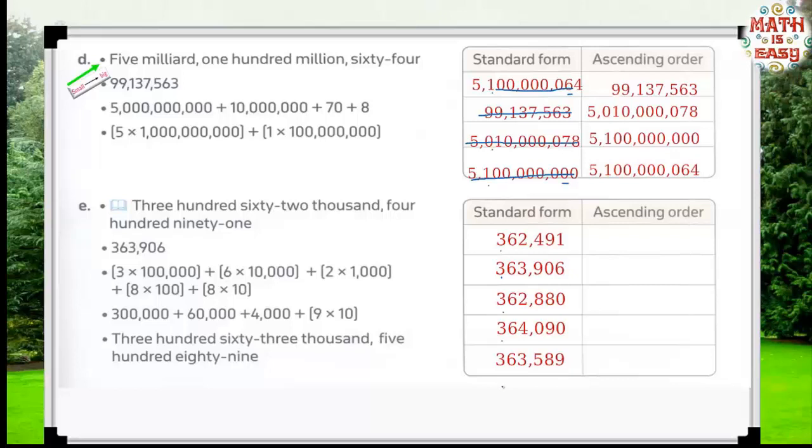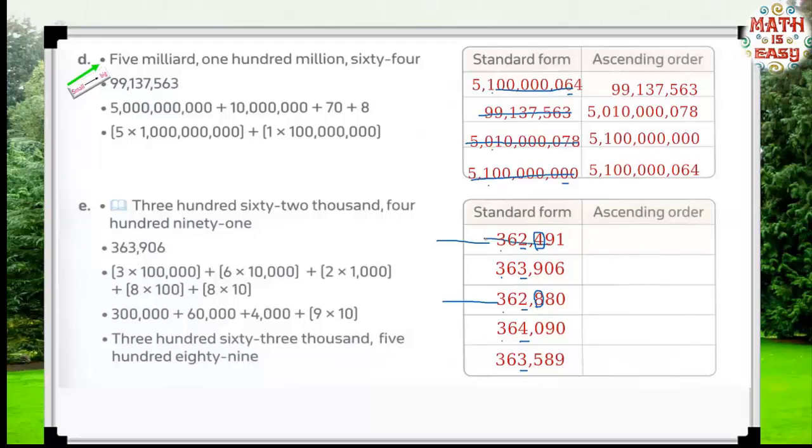All first digits are 3, and all digits are 3 in the 10,000 place. We have here 2, 3, 2, 4, 3. It means you should compare between 2 numbers now. We have here 4, and here we have 8. Which one is smaller? 4.